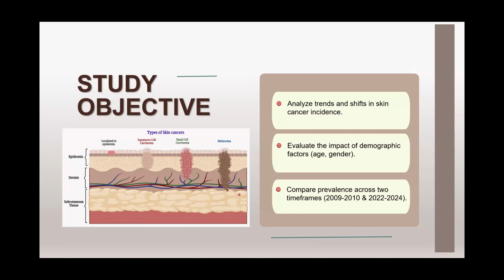Analyzing these two distinct timeframes, this study aims to identify trends and shifts in the incidence of the most common skin cancers, including BCC, SCC, and melanoma. Key findings include comparisons of skin cancer prevalence across the two periods, changes in the average age of diagnosis, and gender-based differences in skin cancer occurrence.